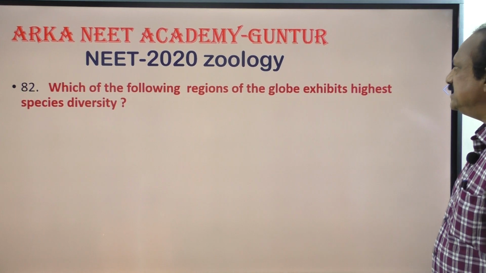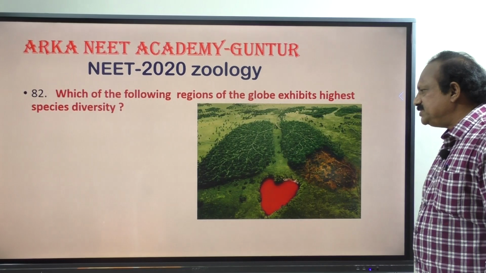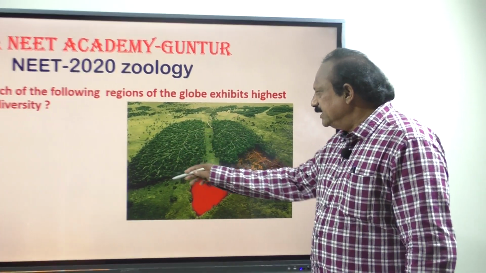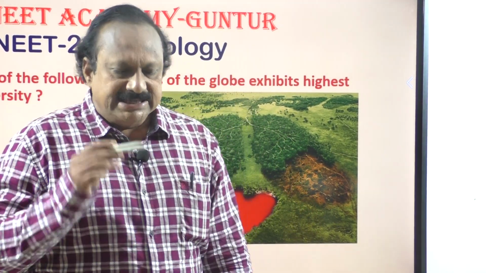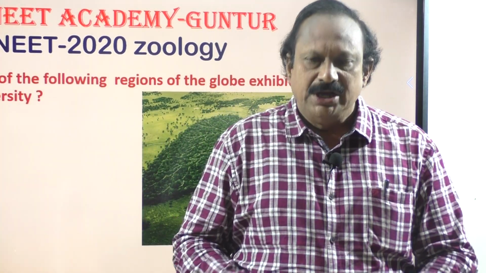Which of the following regions of the globe exhibits the highest species diversity? Now students, look at this one. This is the Amazon rainforest. The Amazon rainforest is considered the lungs of the planet. This rainforest produces 20% of the oxygen for the globe.